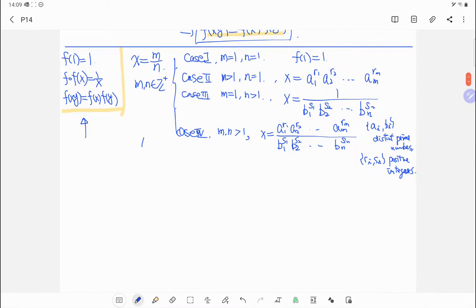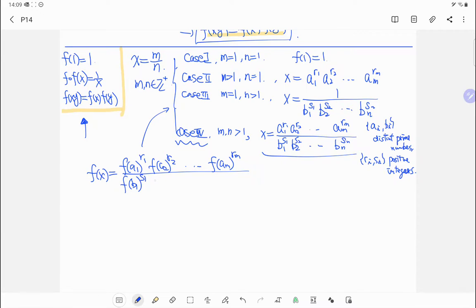Actually, why we need to separate this is, for a given function f, as long as it is multiplicative and we find the prime factorization for its denominator and numerator, then for example for case 4, x is like that, then f of x will be nothing but f of a1 to the r1 power times f of a2 to the r2 power, all the way up to f of am to the rm power, all over f of b1 to the s1 power times f of b2 to the s2 power, all the way up to f of bn to the sn power.